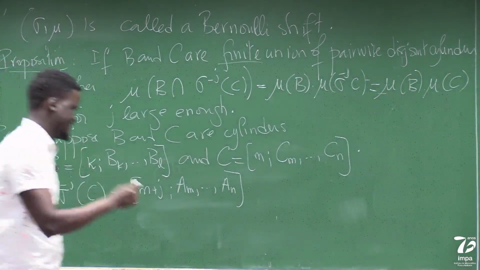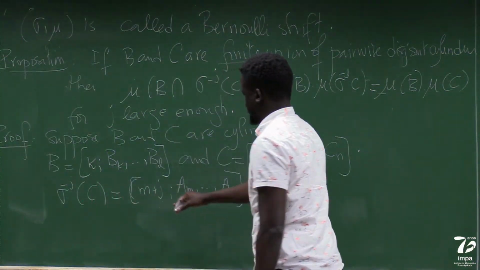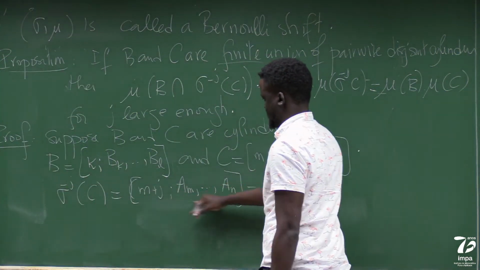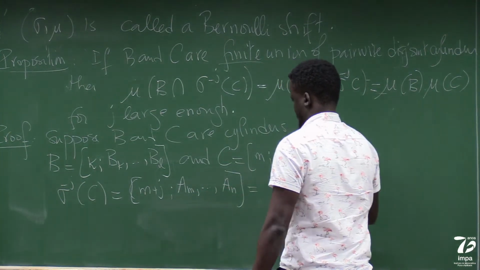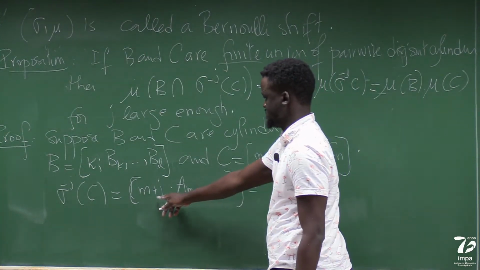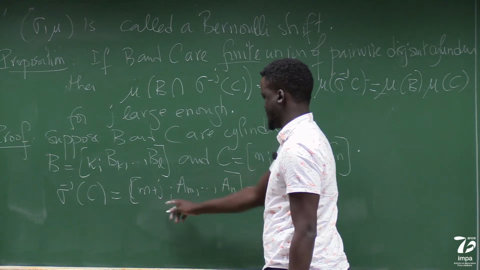The way to think of this is, this is a set of sequences where the first j entries are the whole space.